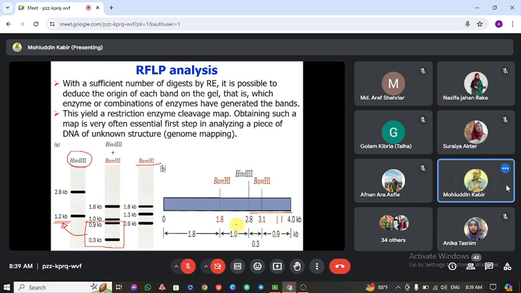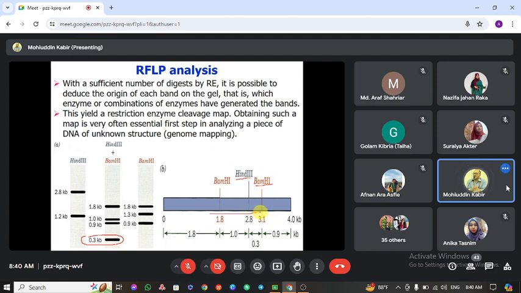And we got 2 bands, 1.8 and 1.3, that corresponded to a total of 3.1. So this last band, the 0.3 kb band, must be present between the HindIII and BamHI sites.